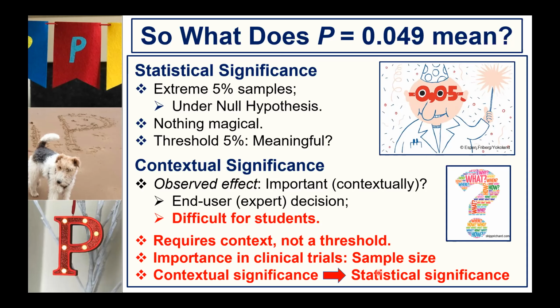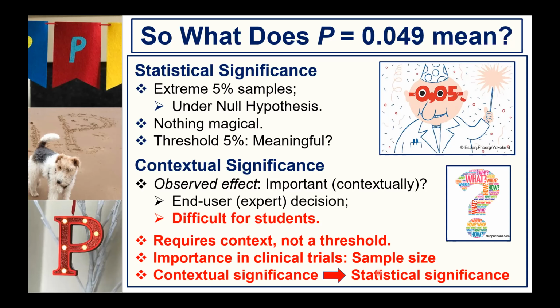Students are going to really struggle with that because they haven't got a clue. I mean, I don't have a clue either. But I think that's where you need the experts to come in. So I would tell students that in terms of statistical significance, you require context, not a simple threshold.